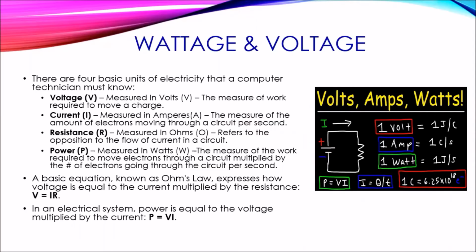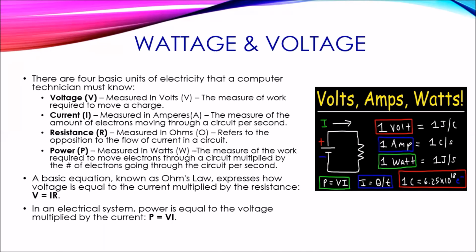Watt and voltage. There are four basic units of electricity used in a computer system, and a computer technician must know about these electricity units. Voltage. The measure of work required to move a charge is called voltage, measured in volts.